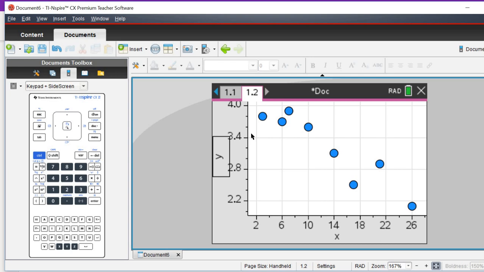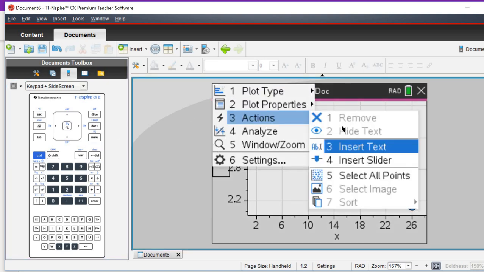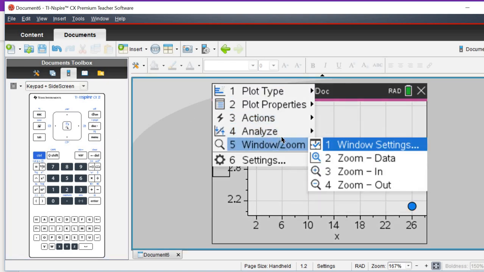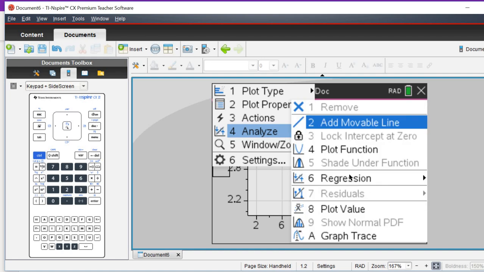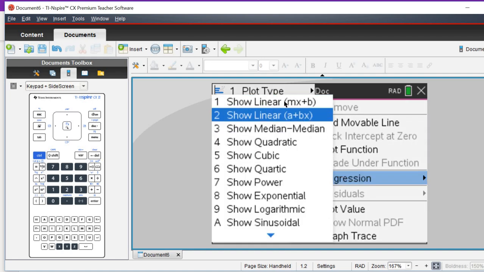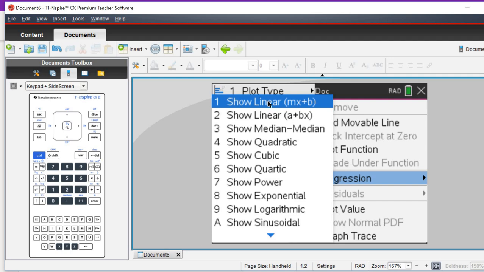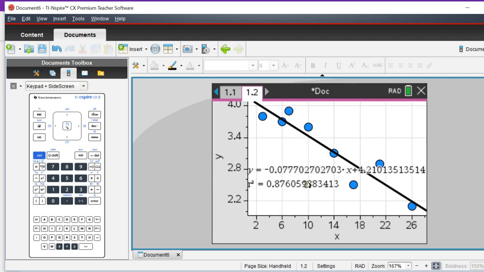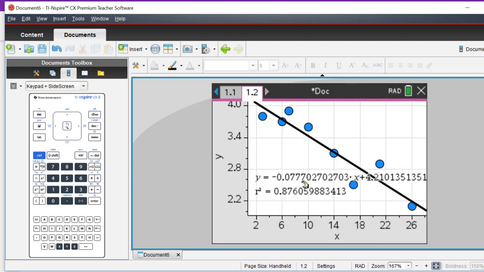So to do the regression, we can go menu, actions, analyze, regression, and we get it to show a linear regression. Right? And that's that done for us.